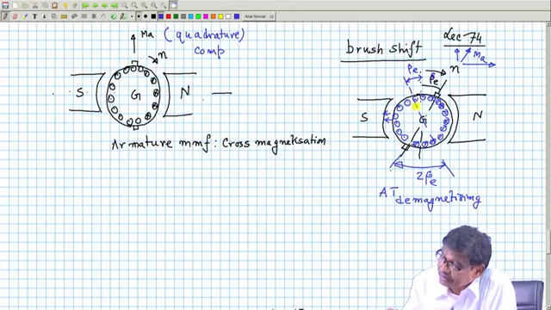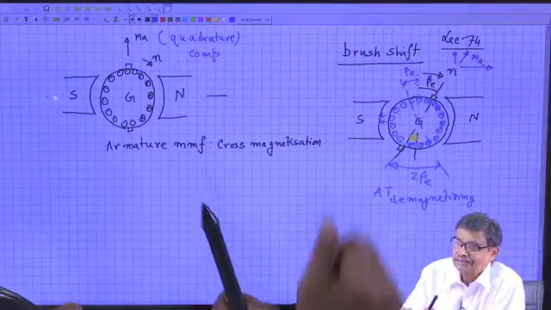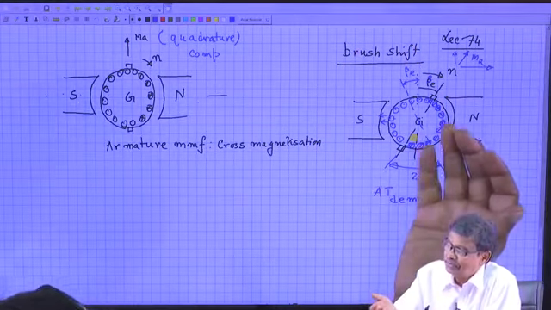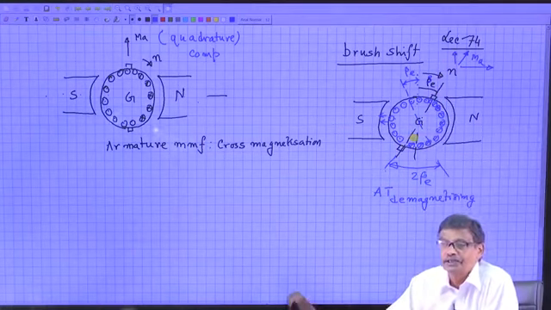Similarly, the conductors in this portion, this cross and this dot, will produce MMF in the quadrature axis, and that will fairly give you the idea about the quadrature component of the armature flux.